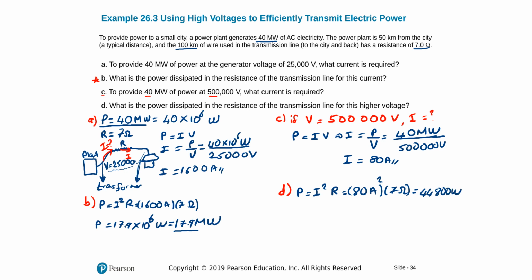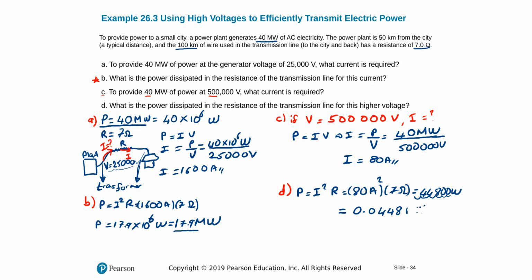Now if we want to convert this to megawatt, we can rewrite it in this fashion: 0.0448 megawatt. If you go step back, 1, 2, 3, 4, 5, 6, then that's times 10 to the 6. Let me show you that. I don't want to jump here directly.